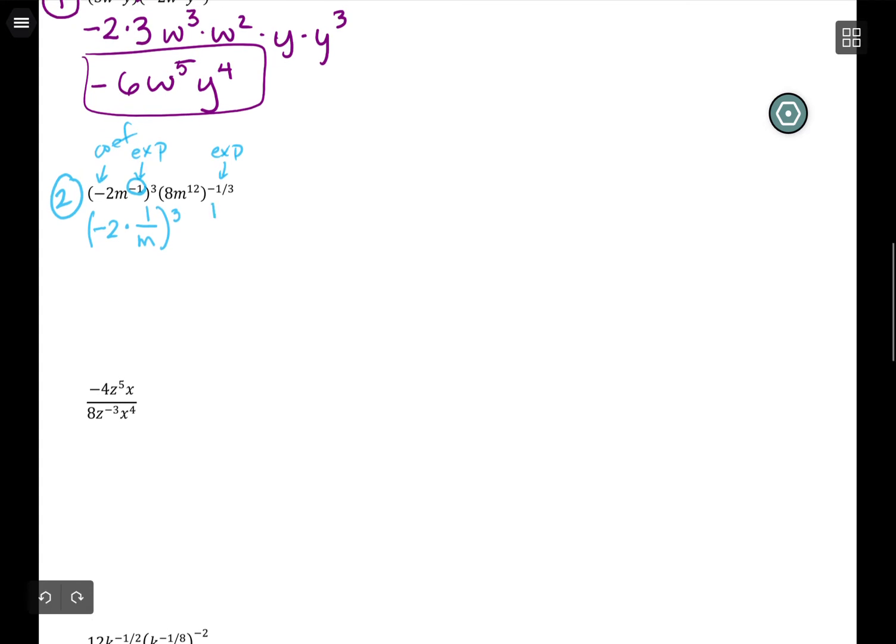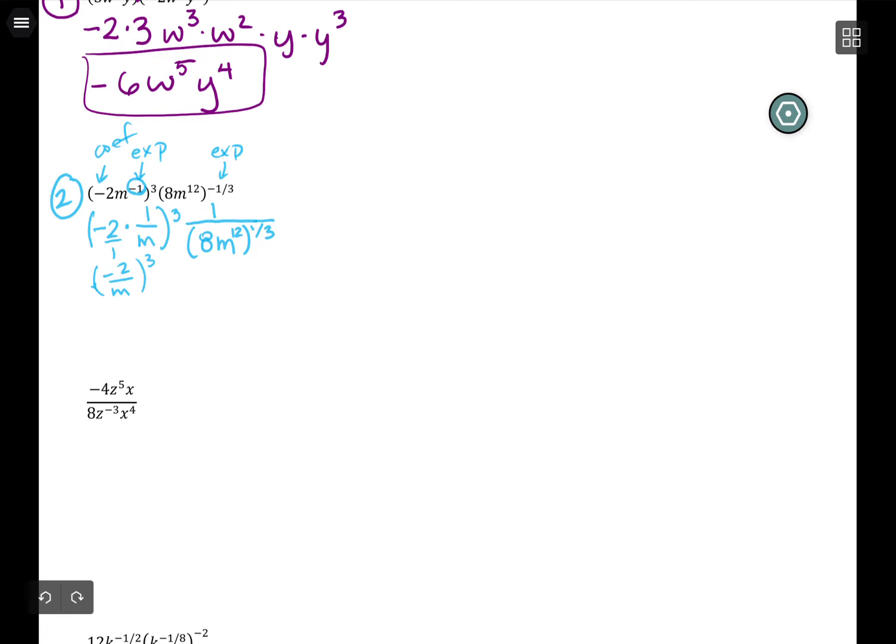So I'm going to go ahead and say, okay, if I raise something to the -1/3 power, that's the same as putting it in the denominator and making that a positive 1/3 power. So I would just always deal with those right away personally, otherwise it can cause some confusion. I'm going to go ahead within that first set of parentheses and rewrite that as -2 over m cubed.